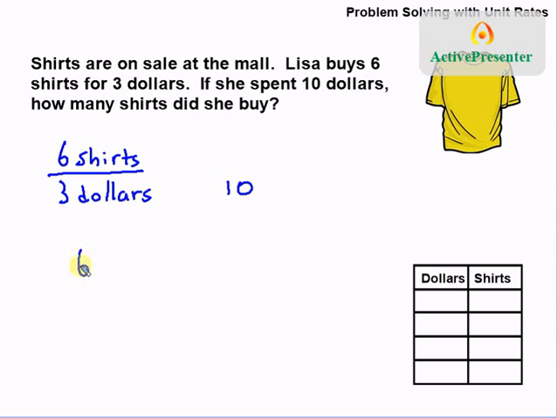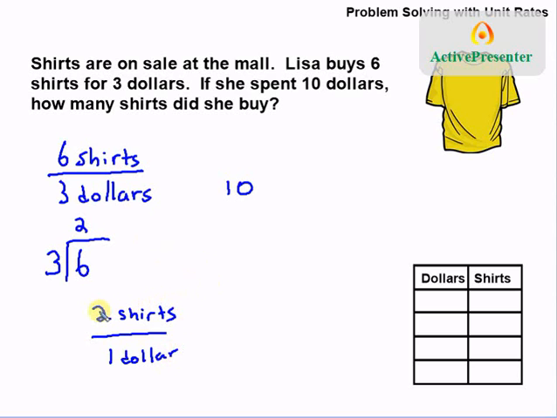So we divide 6 by 3, because if we can buy 6 shirts for $3, we divide 3 into 6 to get a 1 in the bottom. 3 goes into 6 2 times, so that leaves us with 2 shirts for $1. And that is a unit rate.